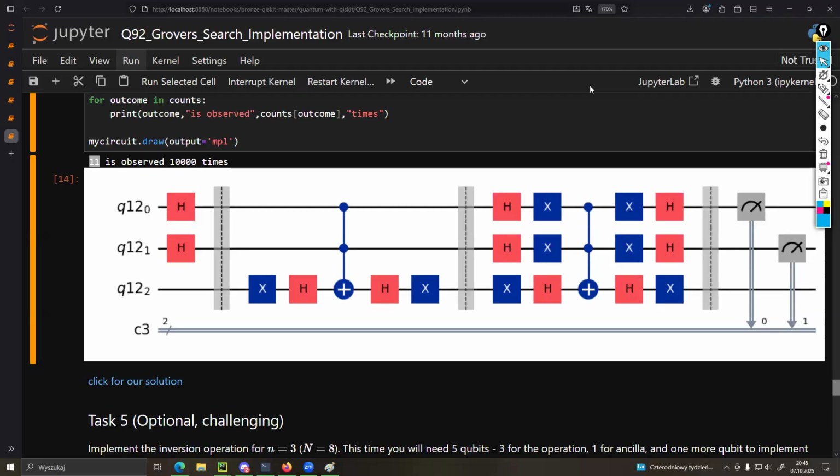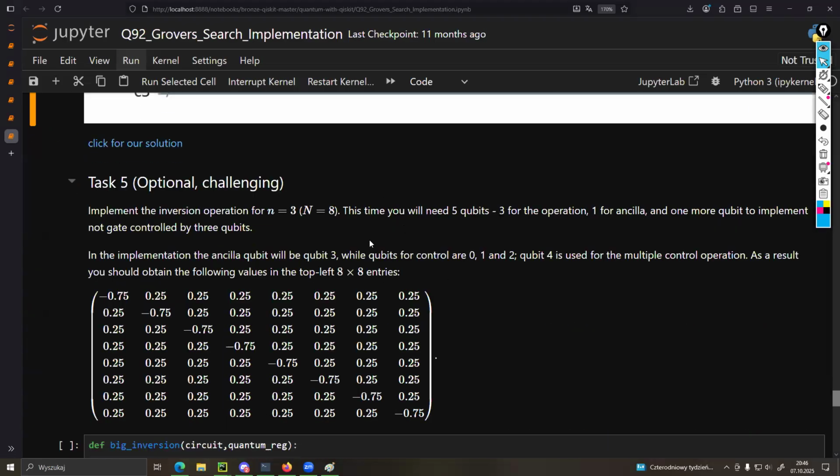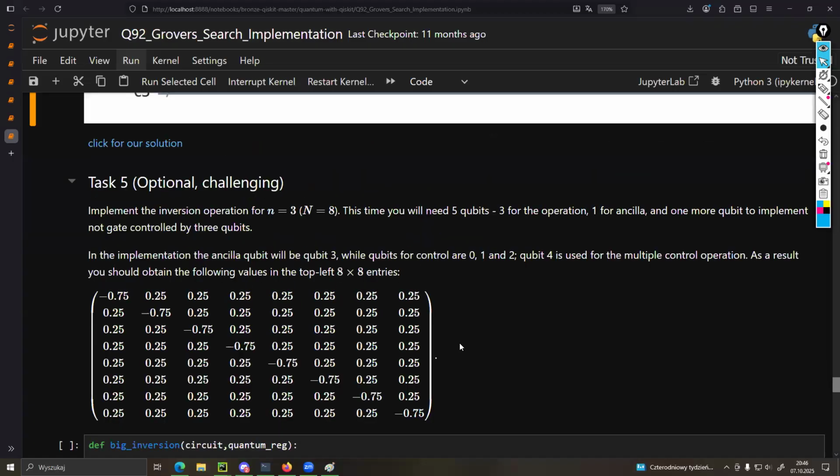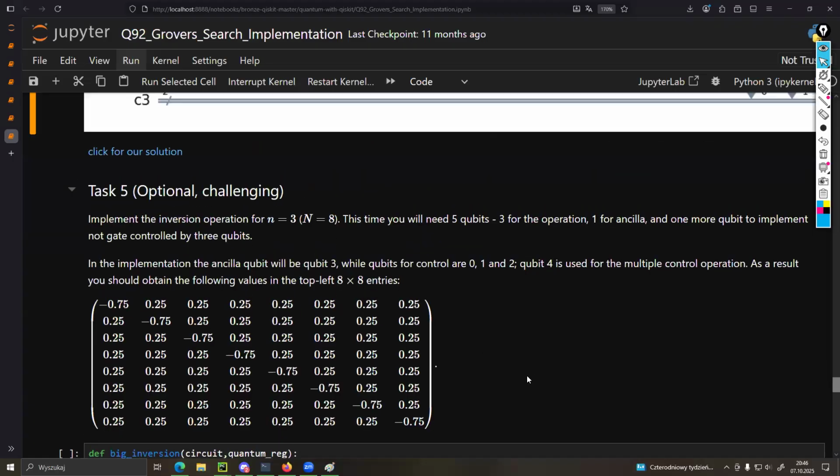In terms of whether Jupyter notebooks are enough for preparation, yes, they are. Some of the tasks are marked as challenging here. So for example, task 5 is challenging, and yes, this is really challenging.